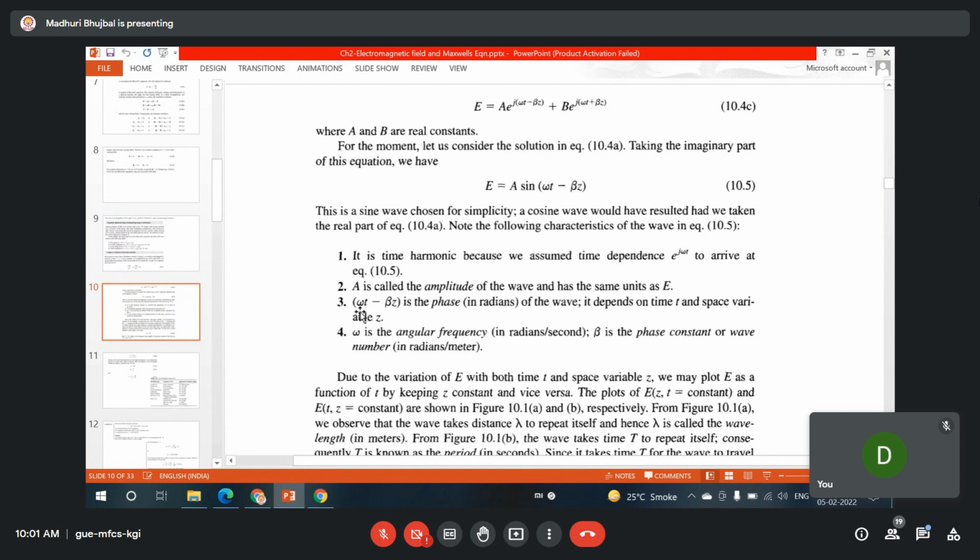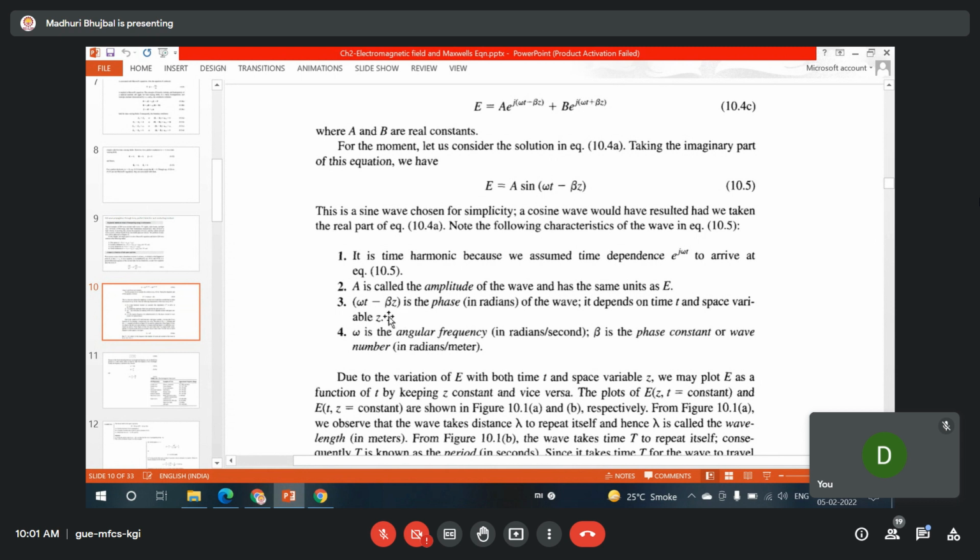Now look at this phase equation. What is phase? It is omega t minus beta z.